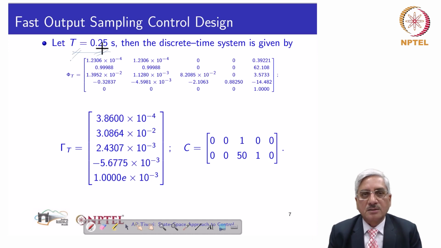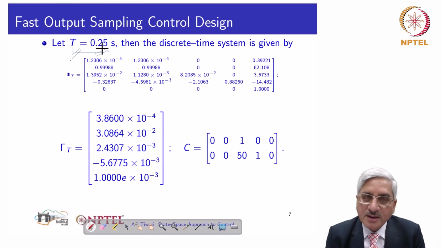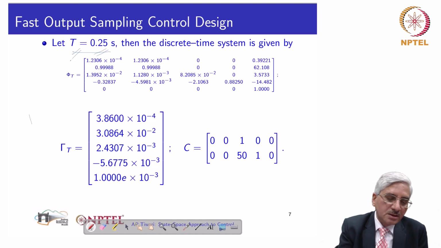We can expect that. In fact, we can take it even smaller, that will be better. We should not take it larger. So let us proceed ahead. There is some basis for the choice of T. We have chosen T equal to 0.25 second, and for that T we obtain the system phi T, gamma T.